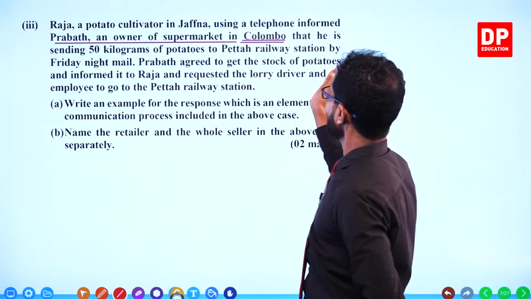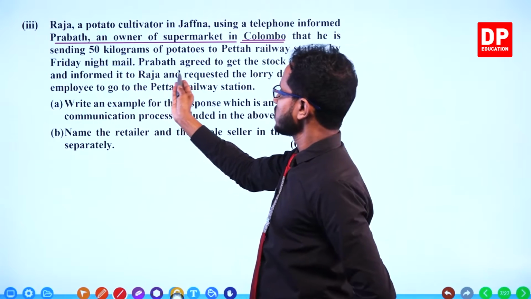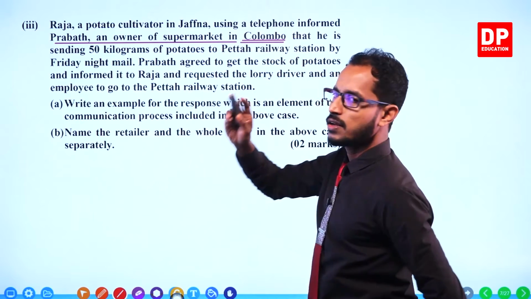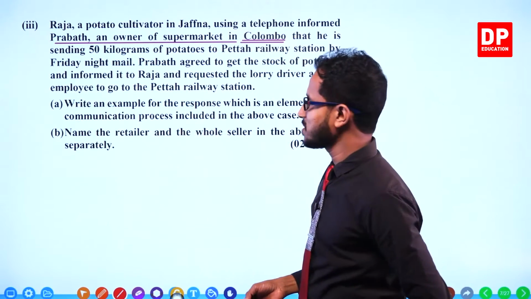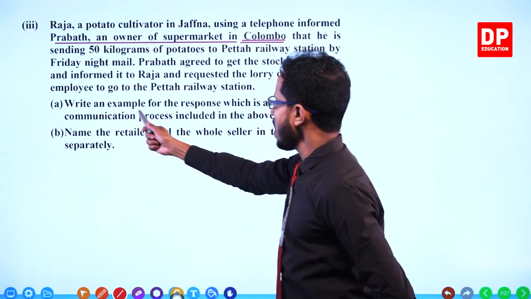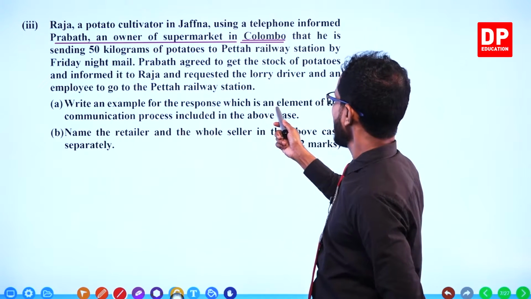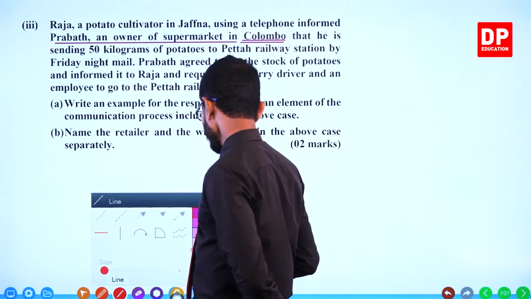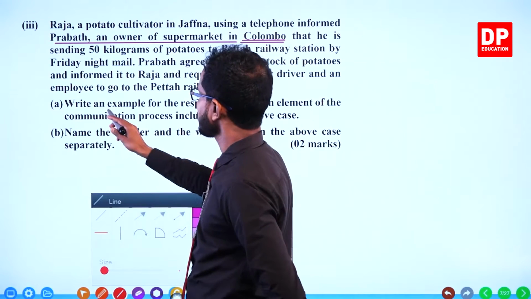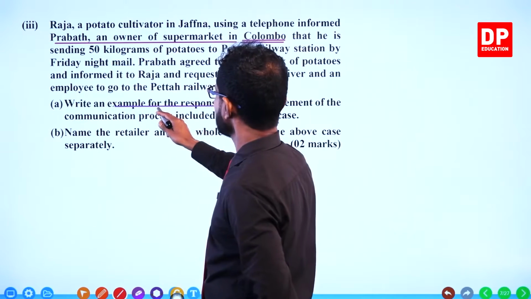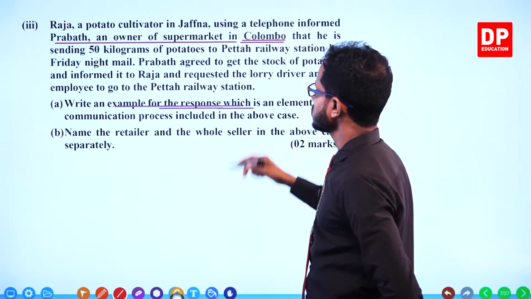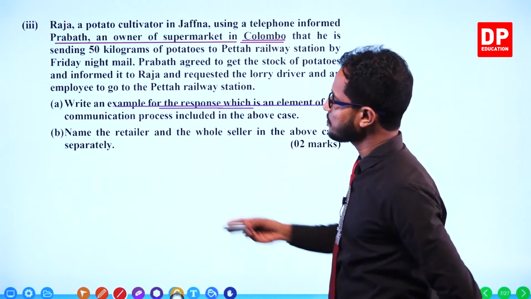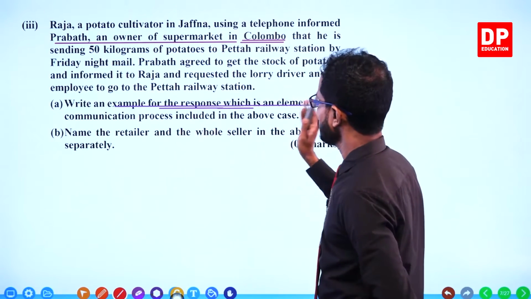Prabhat agreed to get the stock of potatoes, informed it to Raja, and requested the lorry driver and an employee to go to Peta to get the potatoes. Write an example for the response, which is an element of the communication process included in the above case.